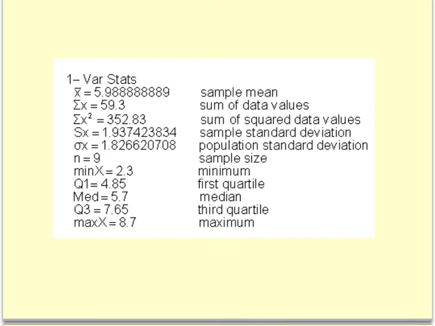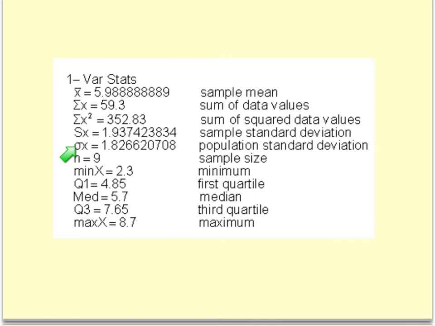Now, most often we will only use the sample standard deviation, because most often we're only dealing with samples. If your data set consists of an entire population, then it would be appropriate to use the population standard deviation.